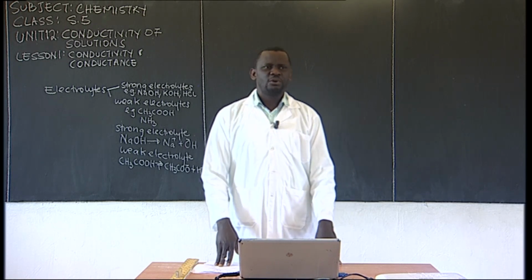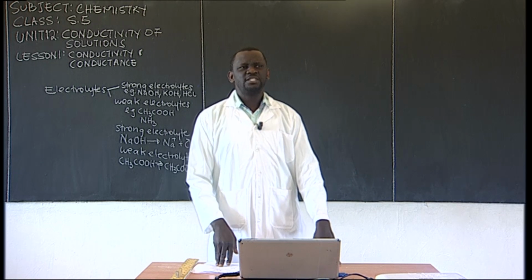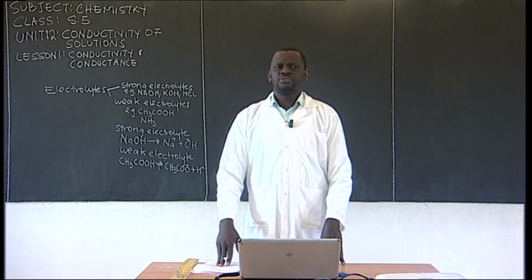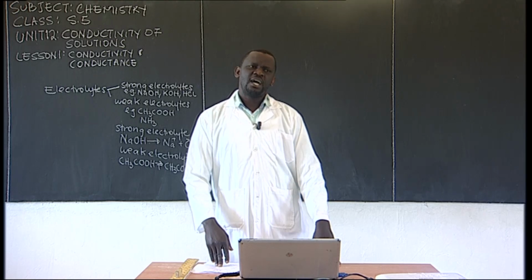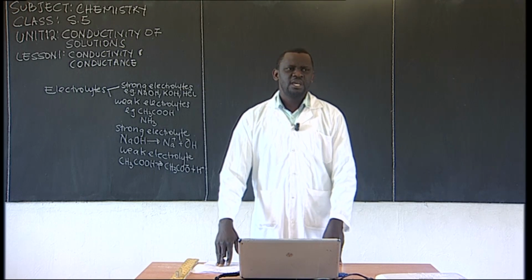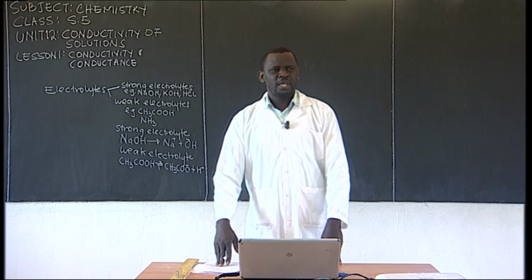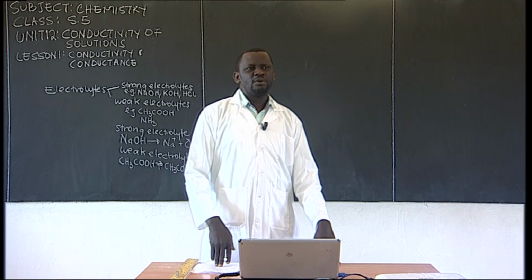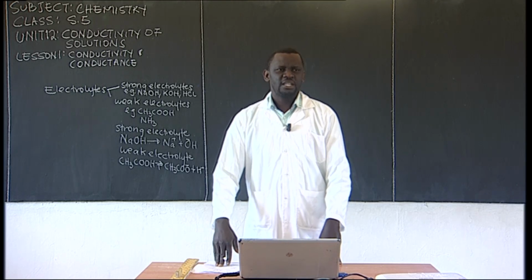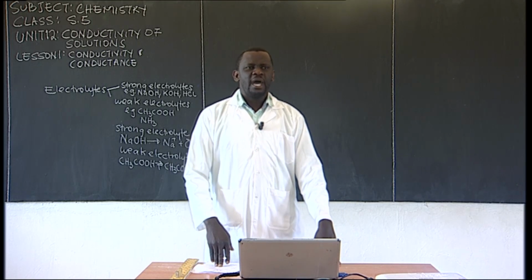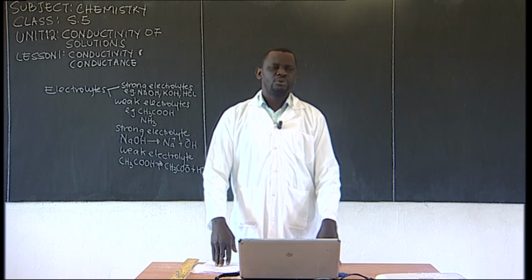Or we can say that conductance is the measure of the ease with which current flows through a conductor. In chemistry, our conductors are going to be electrolytes. So sometimes we say electrolytic conductance is the conductance of electricity by ions in a solution.